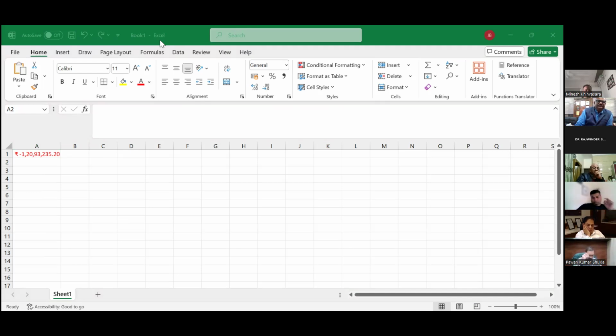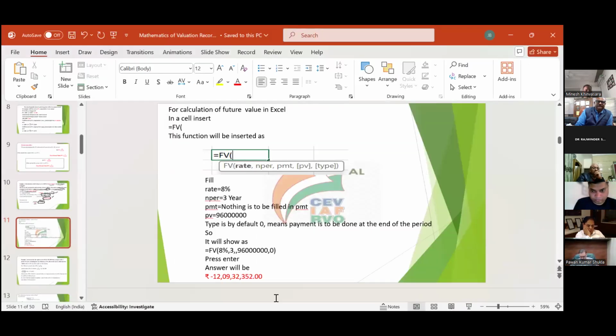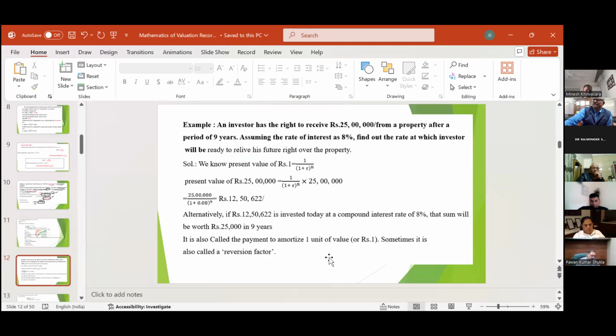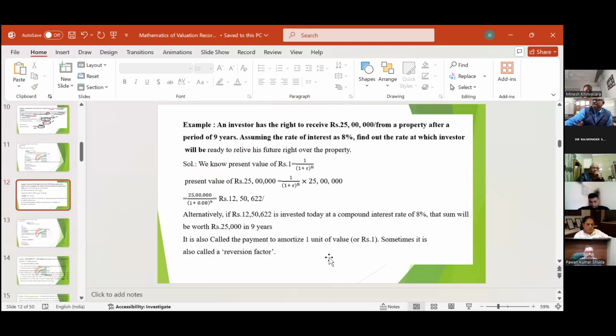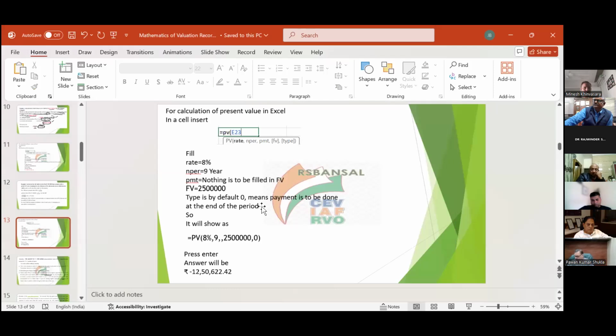Similarly, you can find present value. In this question, the present value of 25 lakh has been found out to be 12 lakh 50,622. So you can find present value.